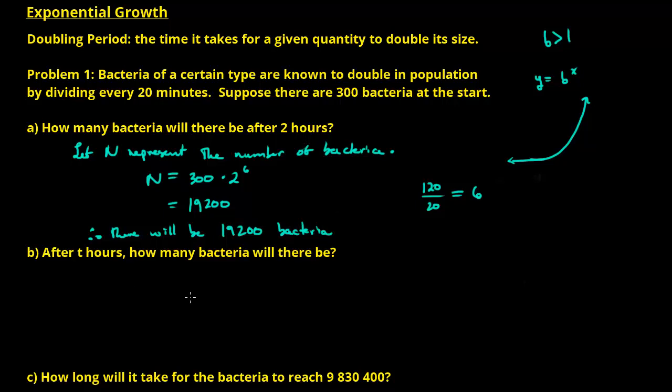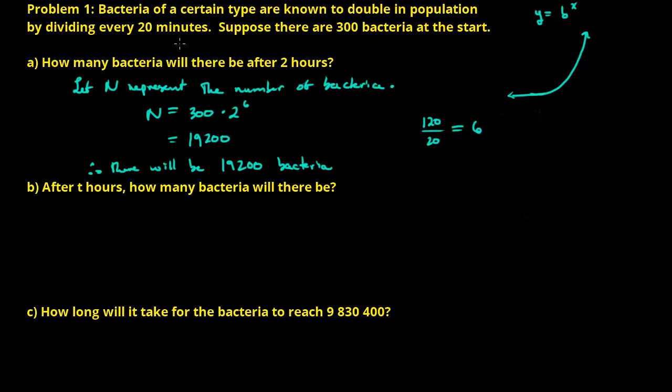after 2 hours. Here it says after t hours, how many bacteria will there be? So here it actually wants us to write a general equation for t hours, not specifically 2 hours in this case.